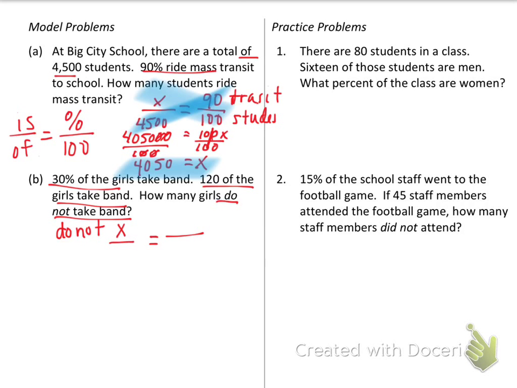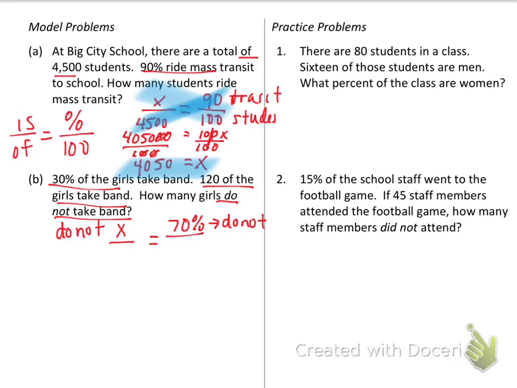We know that 30% of girls take band, so that means 70% do not take band. So we have 70% do not take band of the 120 girls.